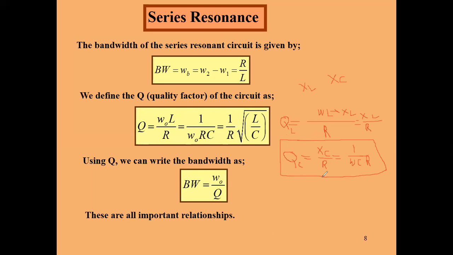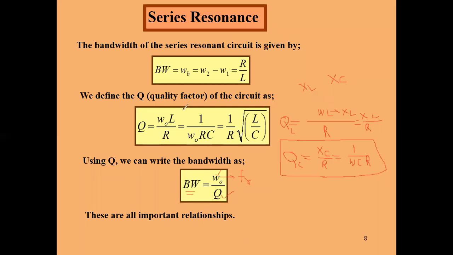To relate the Q factor with our bandwidth or the frequency, generally the omega 0 is nothing but our resonant frequency, or we also call it fr. So the bandwidth of that circuit is equal to fr divided by Q, or you can also write bandwidth is equal to omega 0 divided by Q. By using the value of Q and resonant frequency, we are able to find out the value of the bandwidth.